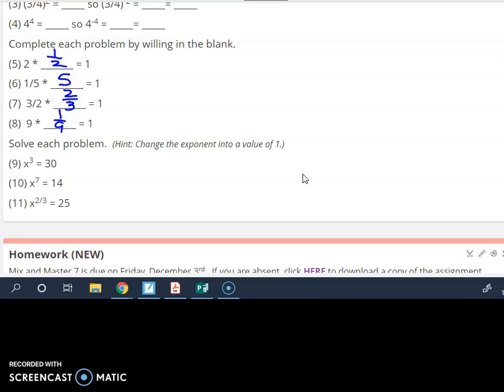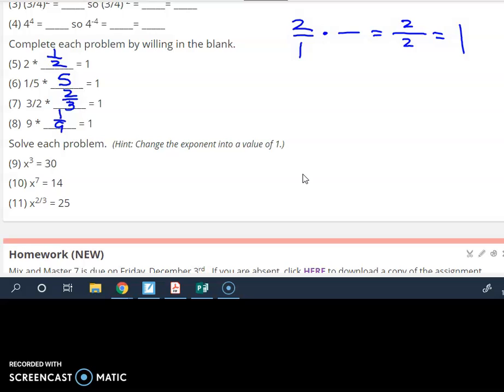Now, how am I coming up with these numbers? Well, if you think about fractions for a moment, I'm trying to get a fraction equal to 1, I want the numerator and denominator to be the same number. So if I start off with a 2, basically what I want is the numerator and the denominator to both equal 2 when I'm finished. So the 2 itself is 2 over 1.